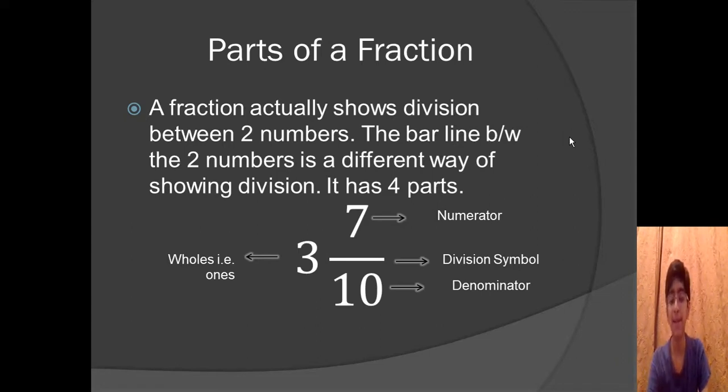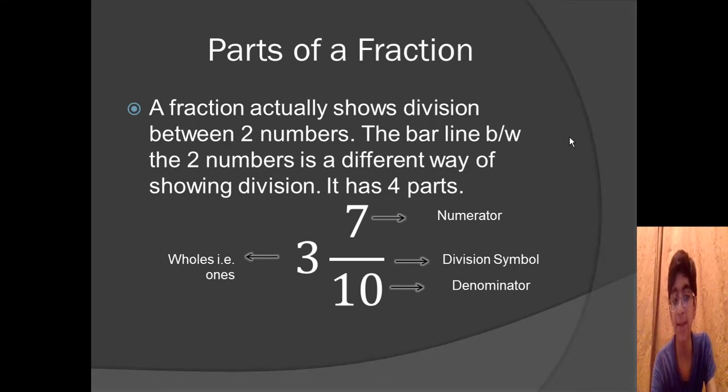For example, in this example, 1 is being divided into 10 equal parts, and of them 7 parts are being referred to, and this 3 here is the wholes, which is also called the 1. This shows that 3 ones are completed.